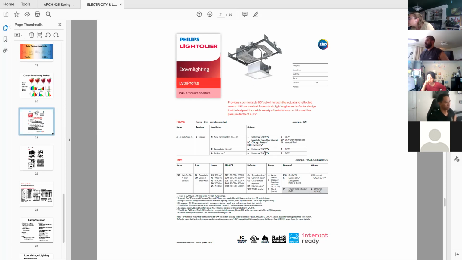It looks like universal. Okay, this one will come and you can hook it up to either type of system. And that's actually not that unusual. Although, if you're working on a residential project, you really don't want any 277 volt fixtures.